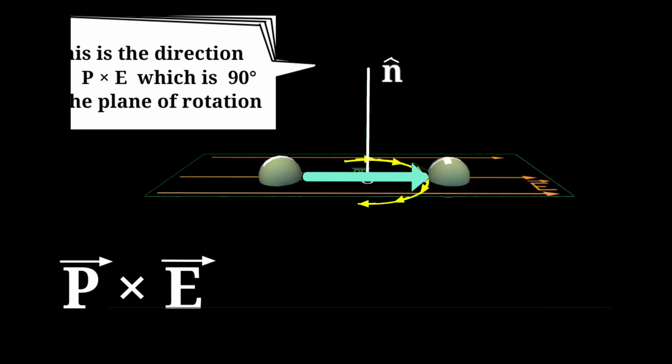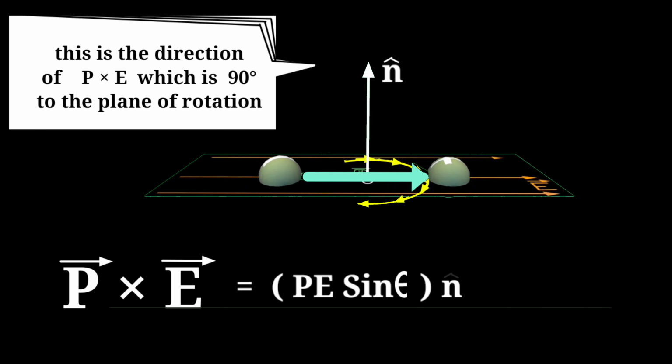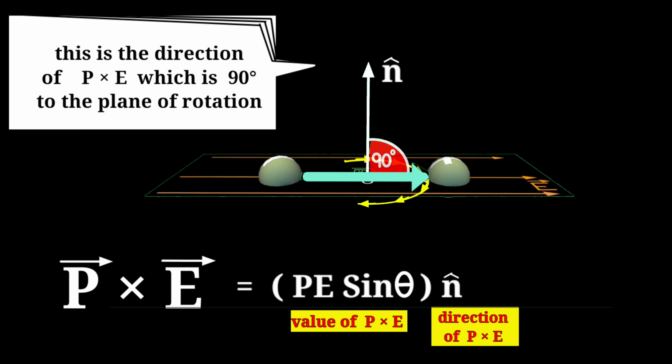The white arrow denotes the direction of P cross E, which is n cap, and the length of the white arrow is P E sine theta, which is the magnitude of P cross E.